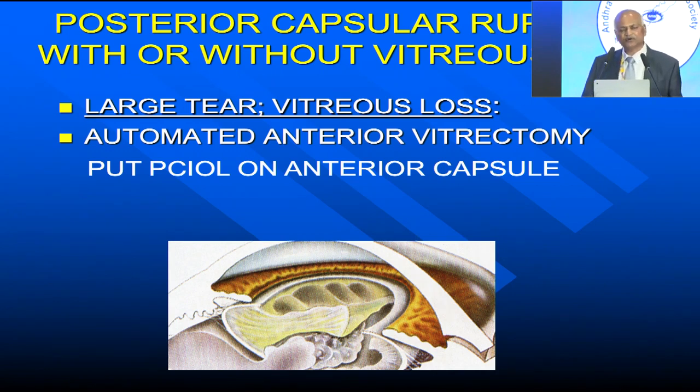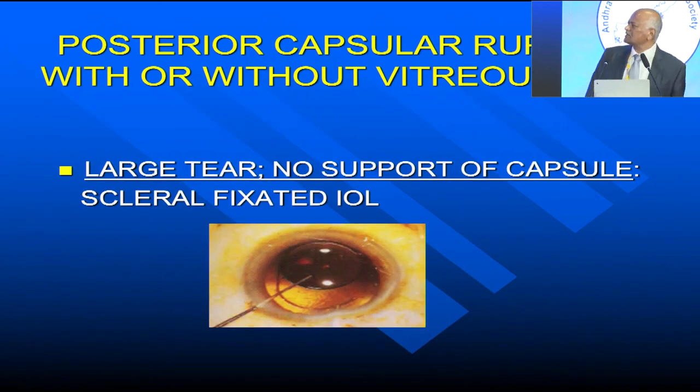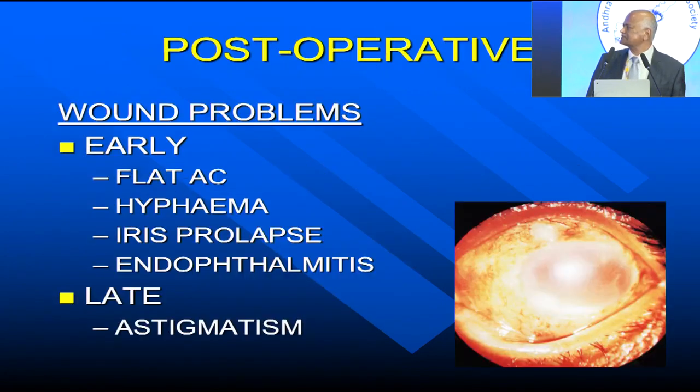In SICS, it is always better to go for a rigid IOL. Sometimes you can go for Amar Agrawal's technique, and then you can have a different type of surgery. You can keep the patient aphakic if there is any tear or the like.